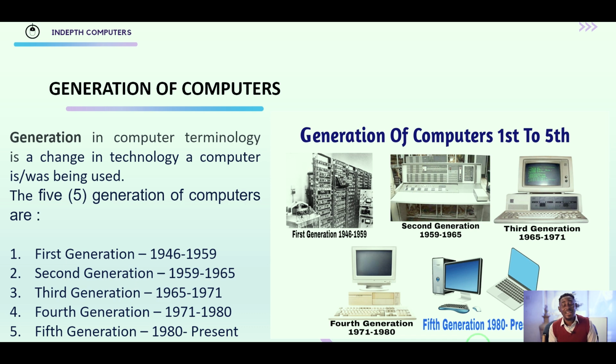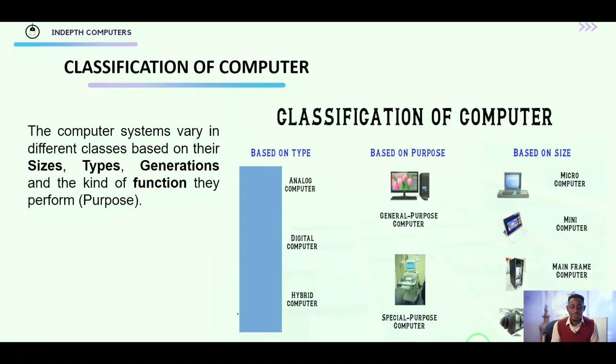Now children can afford a computer system, and I would always say that we have gotten to the 21st century where every child can now have his or her own computer. You know that in those days, in the first generation of computers, only the government or big organizations could afford to buy a computer. But right now, we are in the 21st century where we have computers and digital devices available for children to use.